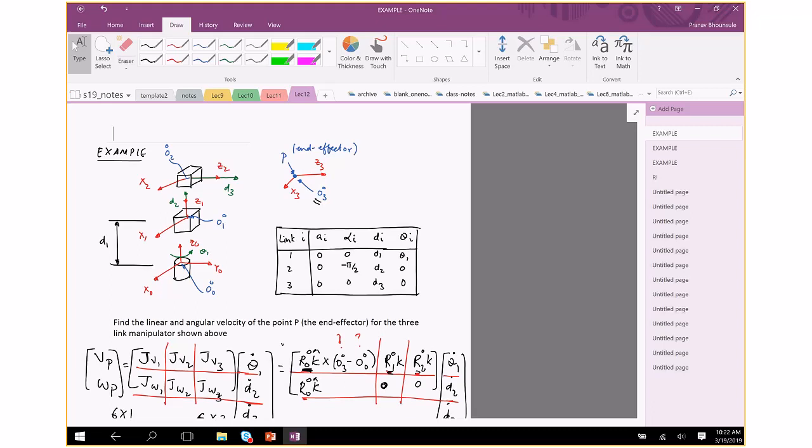So V omega would be replaced with V of O1,0 and omega of O1,0. Then you write the Jacobians from that table, and that will remain the same. This might be a little bit trickier. If you look at my double link planar manipulator problem, which I did before this one, that has some tricky aspect to it. You might want to see that.